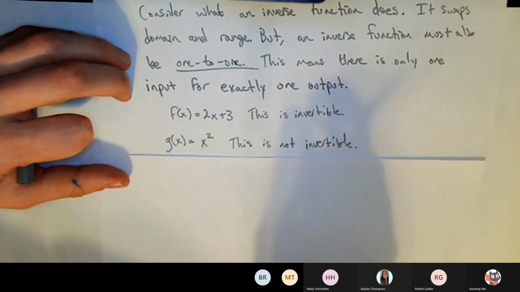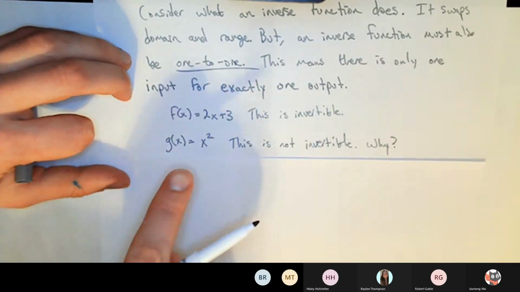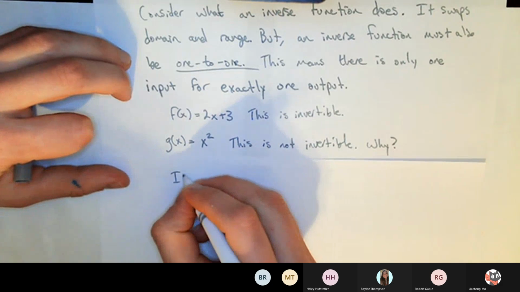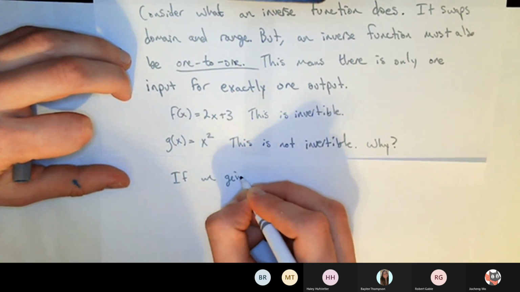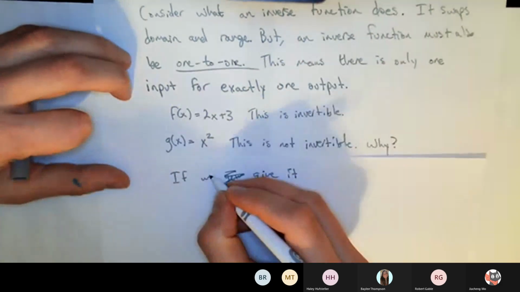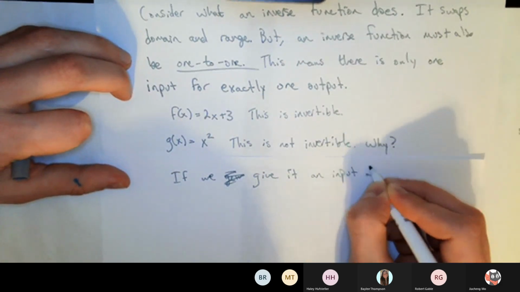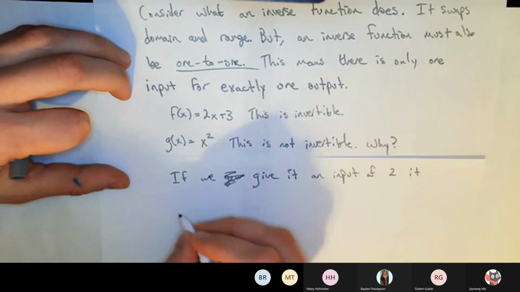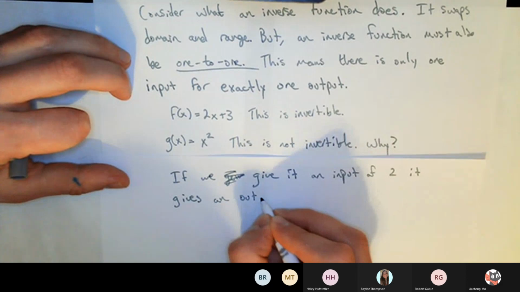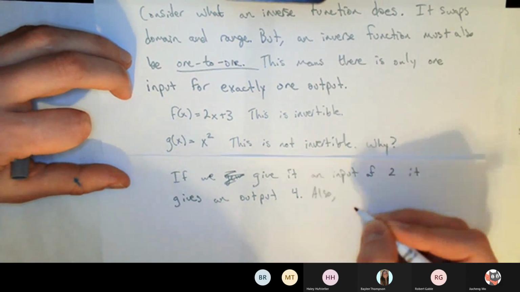Because if we give it an input, I'm getting to a point here, I promise. If we give it an input of 2, it gives an output of 4, okay? Duh, 2 squared is 4, sure. So that's no problem.